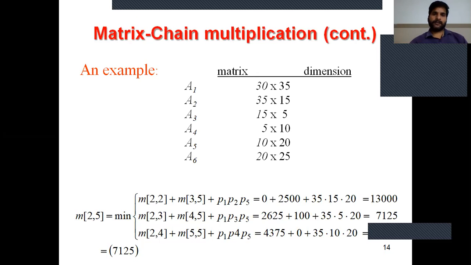Suppose an example: matrices A1, A2, A3, A4, A5, A6 are given and their dimensions are 30 multiplied by 35, 35 multiplied by 15, 15 multiplied by 5, 5 multiplied by 10, 10 multiplied by 20, and 20 multiplied by 25. Then we calculate the values. For example, if we want to calculate the value of M[2,5], first i is 2 and j is 5. k starts from i to j minus 1, that is 2 to 4. So i equal to 2, j equal to 5 and k from 2 to 4.